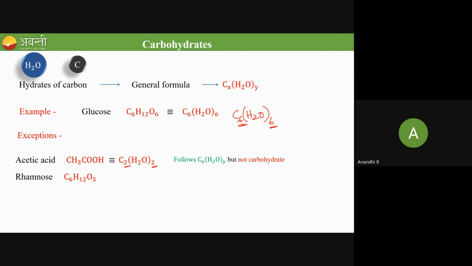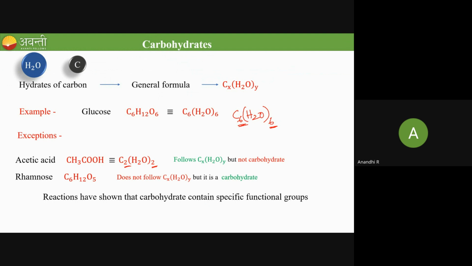But you see, rhamnose is taken again. Rhamnose formula is C6H12O5. It does not fall under this formula, but it is a carbohydrate. Acetic acid is not a carbohydrate, but it follows the formula. Rhamnose is a carbohydrate, but it doesn't follow the given formula. So what to do now?